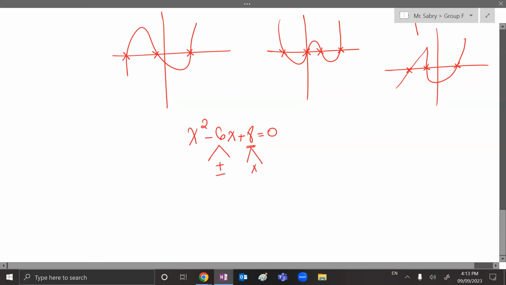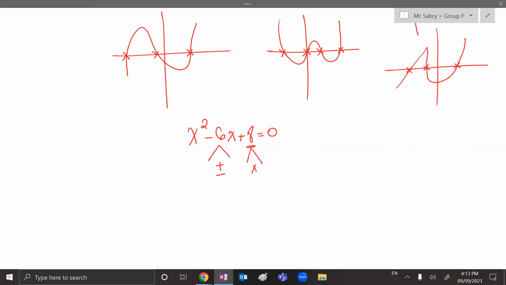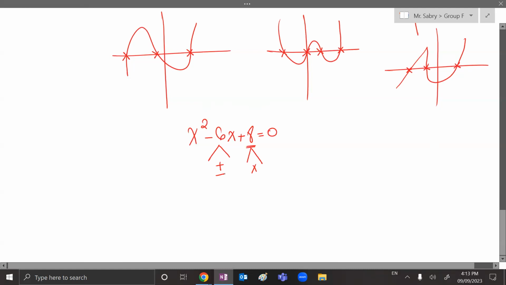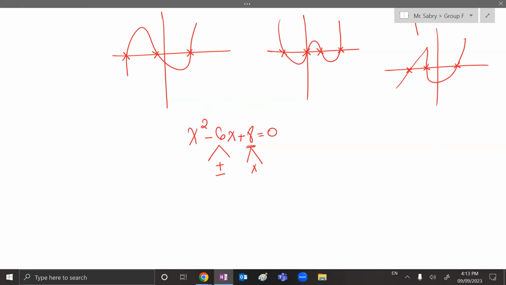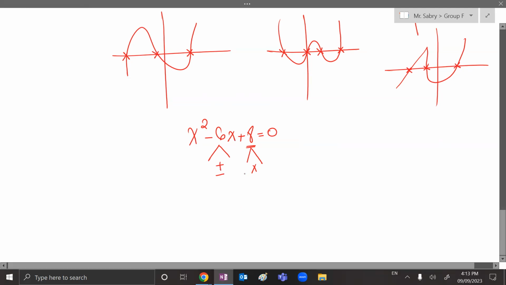So think of two numbers: multiplied by each other they give 8. 2 times 4. Is 2 plus 4 or 4 minus 2 equal to 6? 4 plus 2 is equal to 6. So the 2 and 4 work.